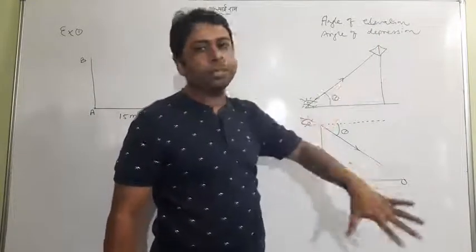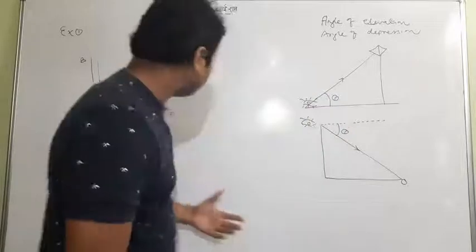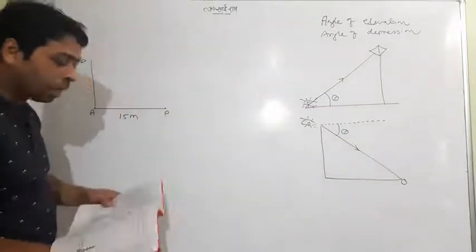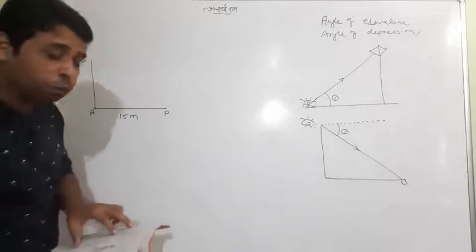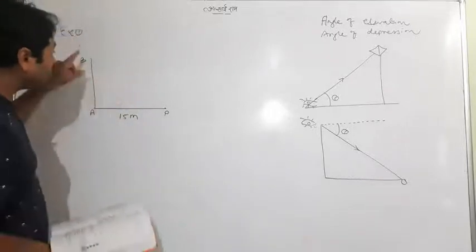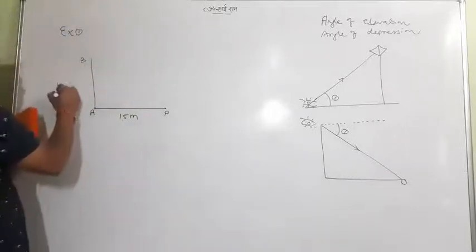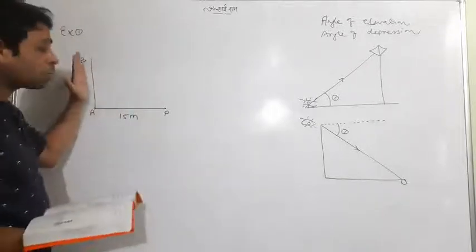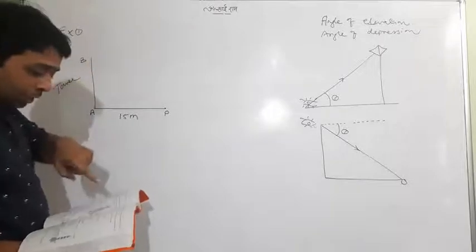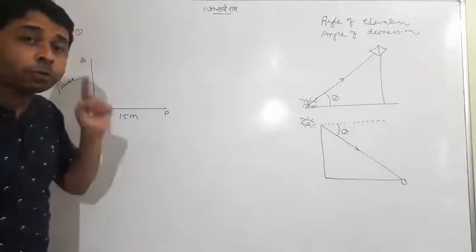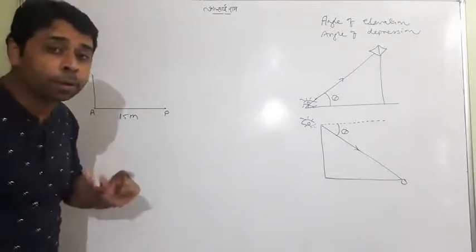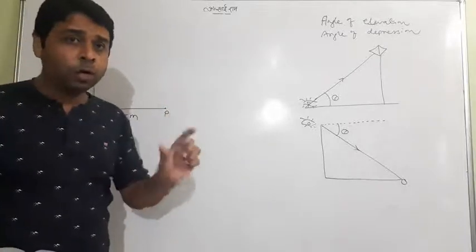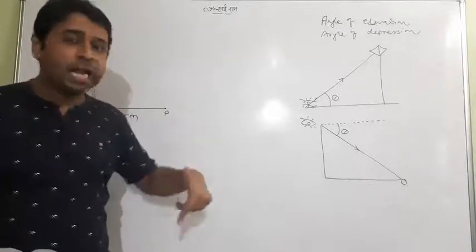So there are only two differences, and I've explained them very nicely. Look here. The question is about a tower that stands vertically on the ground. AB is the tower. The question says, from a point, a very important phrase: wherever the word from comes, the angle will form at that point only.